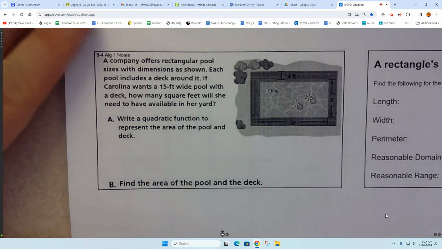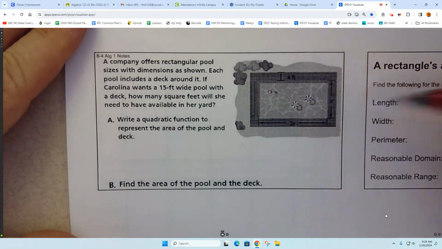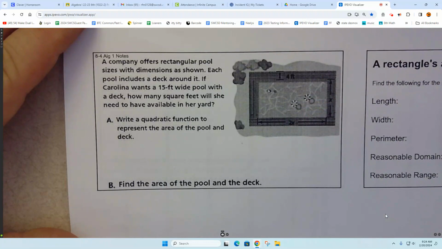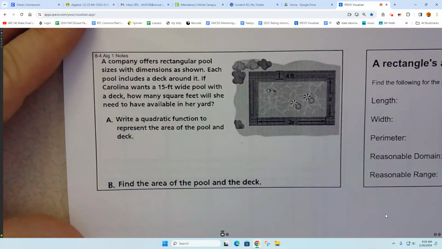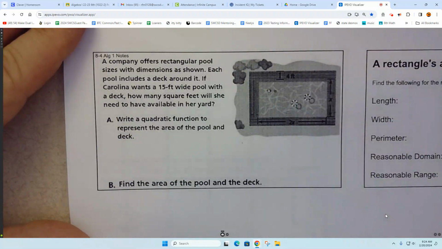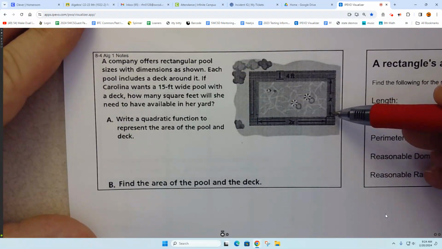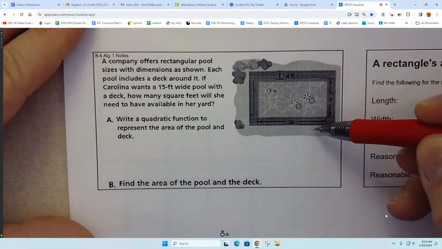Okay, so they come up with this plan and they say, here are the dimensions of your potential pool, right? And all the pools are exactly the same. You have to have a 4-foot deck. And when I say they're the same, if you say I want this to be 10 feet, then this is going to be 20.